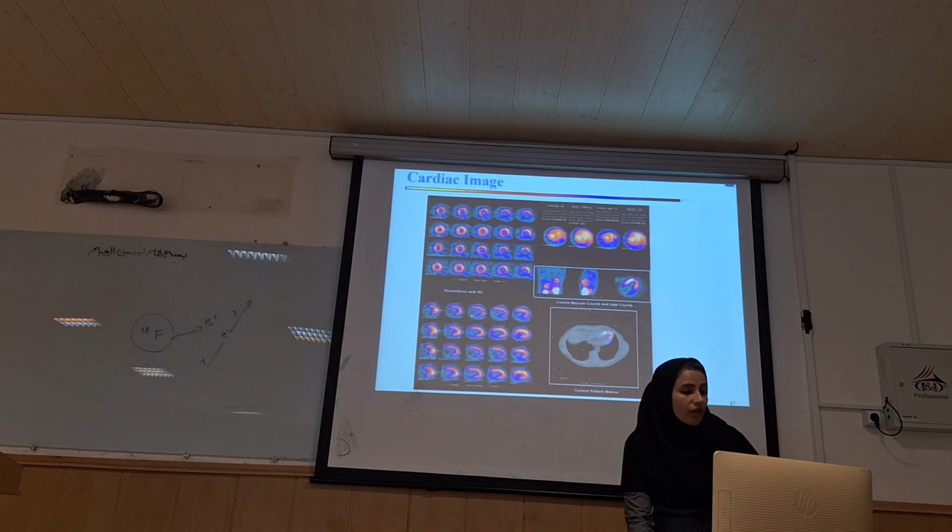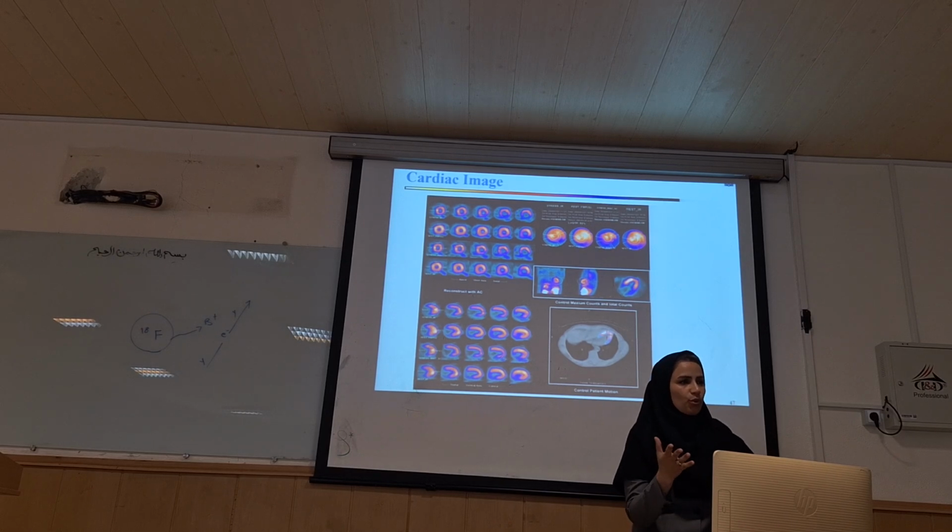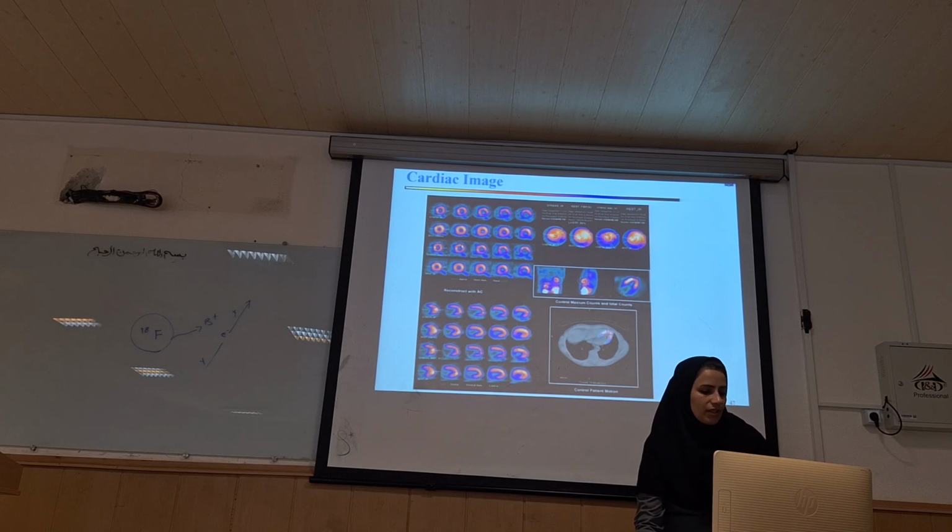I know from this image that here we have dysfunction. Guys, it's defective, and this part of my heart doesn't work well. Yeah? This is one of your jobs in nuclear medicine. This is the transfer of this cardiac image.